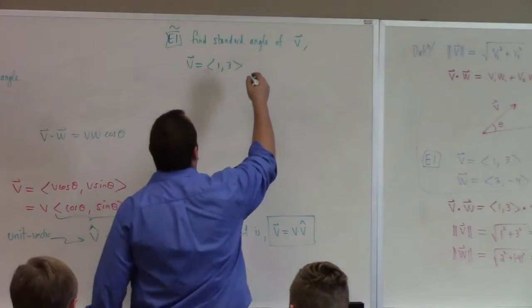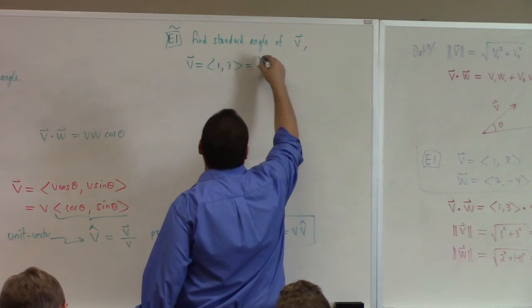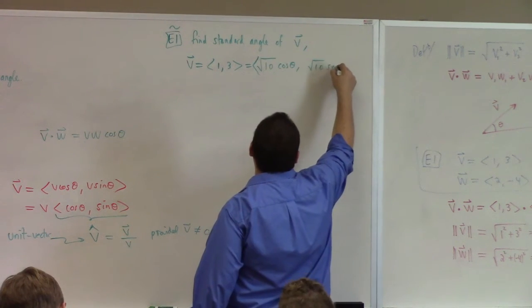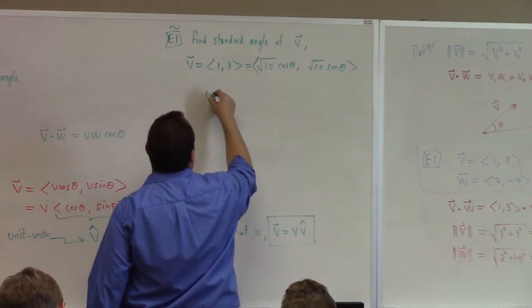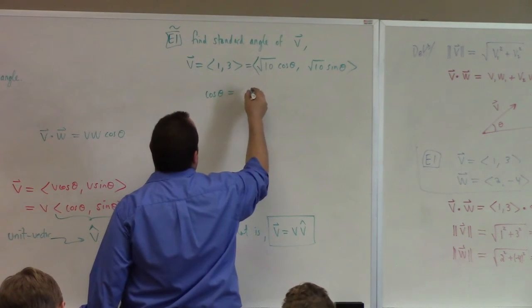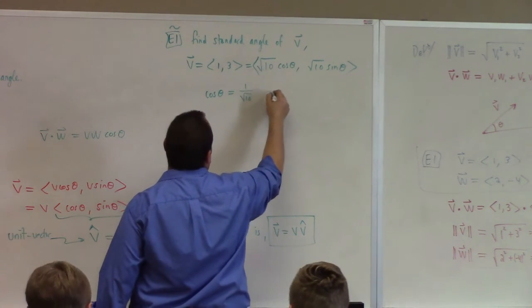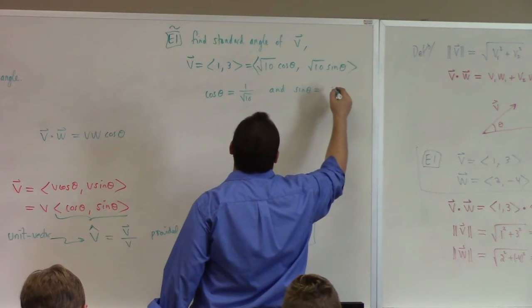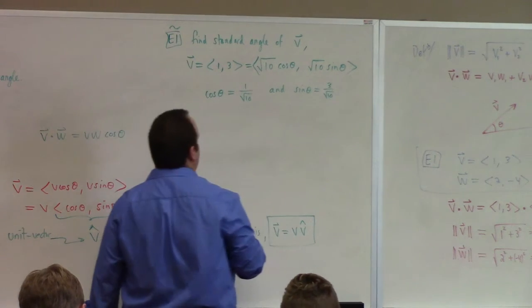The length of it is square root of 10, right? So this would be square root of 10 cosine theta, square root of 10 sine theta, if we believe the theorem. More to the point, cosine theta is equal to 1 over root 10, and the sine of theta is equal to 3 over root 10. These have to be true.